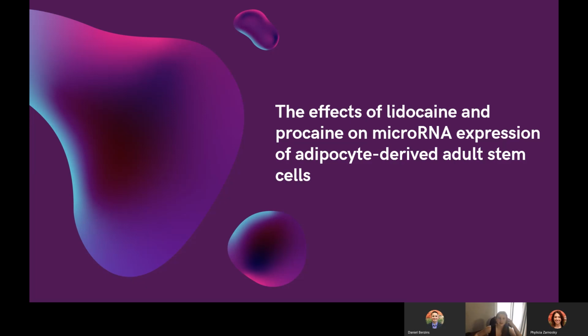So this next study looks at the effects of lidocaine and procaine on microRNA expression of adipose-derived adult stem cells. It looks at lidocaine as well as procaine, so seeing the difference of using an amide versus an ester local anesthetic.